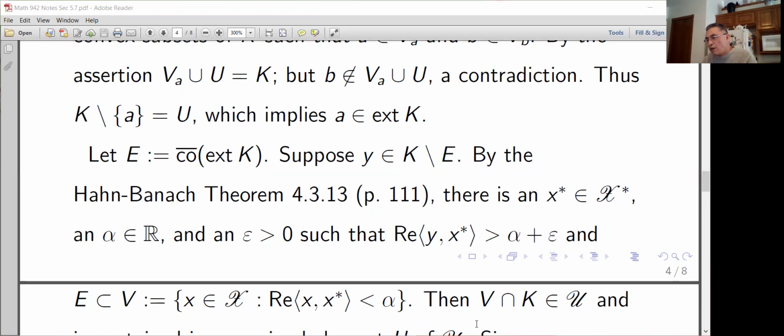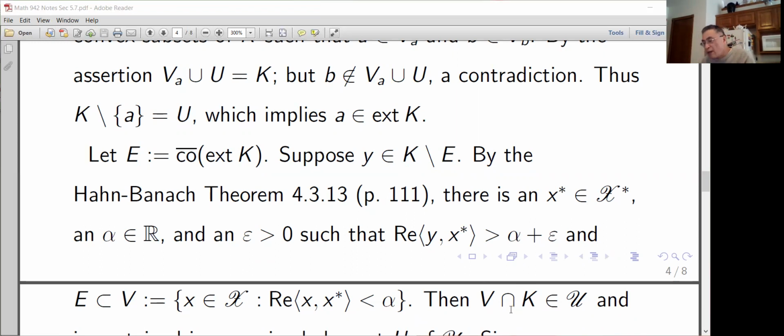So its intersection with K is relatively open, since V is open, so V intersect K is open in K. And since V is convex and K is convex, V intersect K is convex.